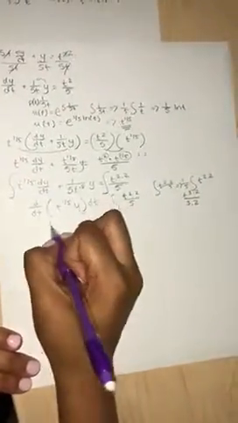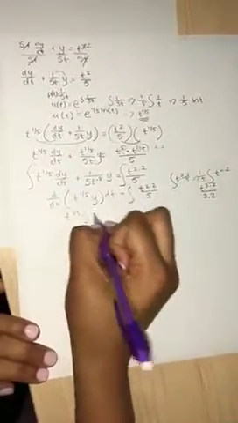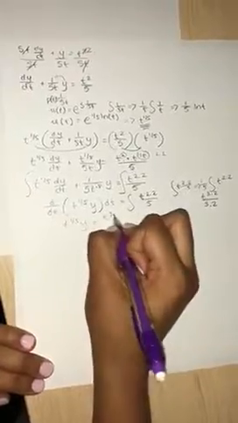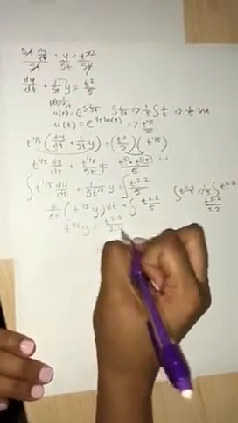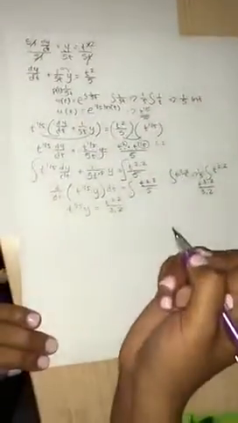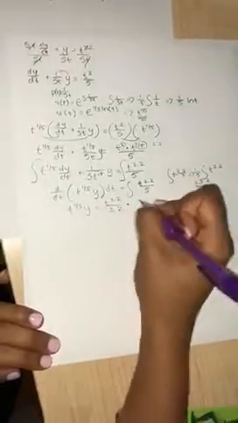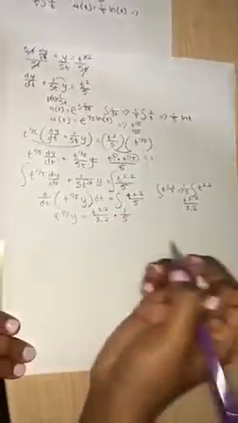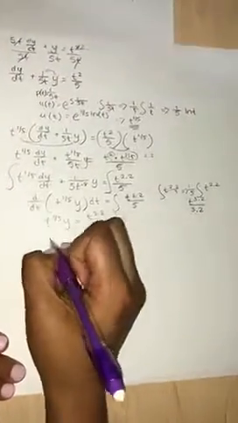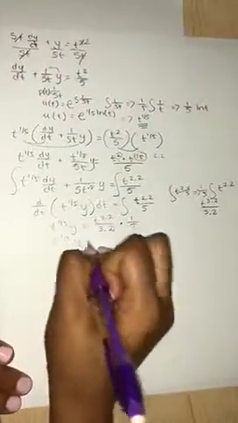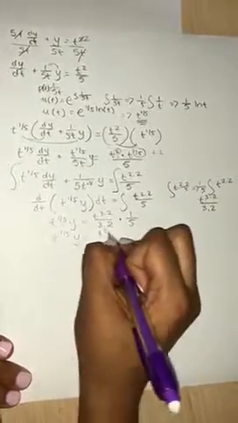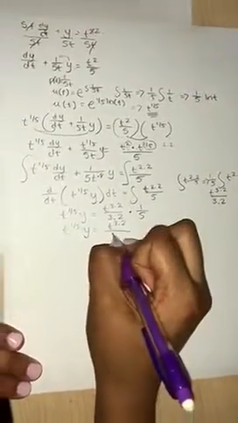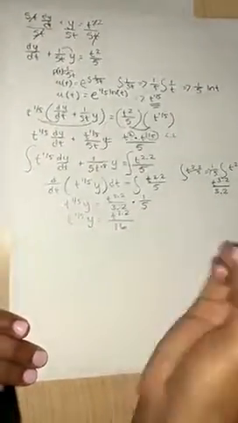And then here we get t to the 1 over 5 y equals t to the 3.2 over 3.2 times, and we can't forget the 1 over 5 that we had here. And that's t to the 1 over 5 y equals t to the 3.2 over 16.